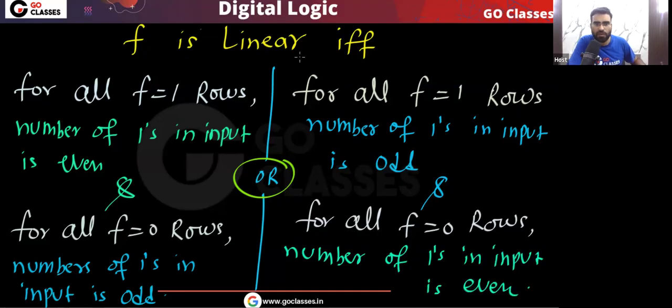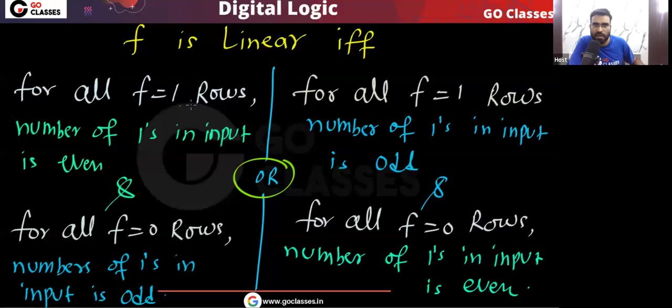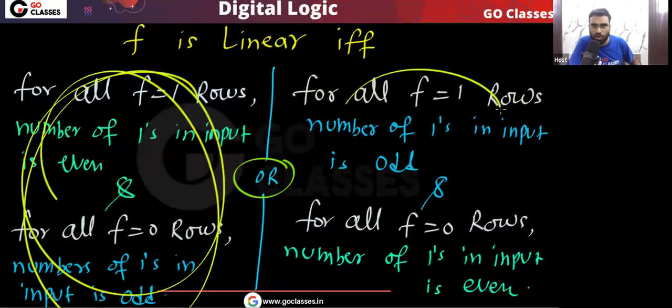So very simple. F equal to 1 rows means where the function value is 1 in the truth table. So this function is linear if this happens or this happens. Please understand, function is linear if this happens or this happens.